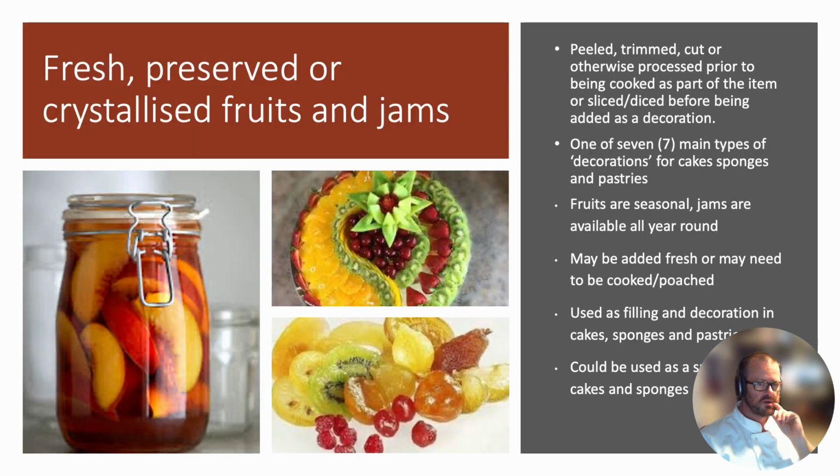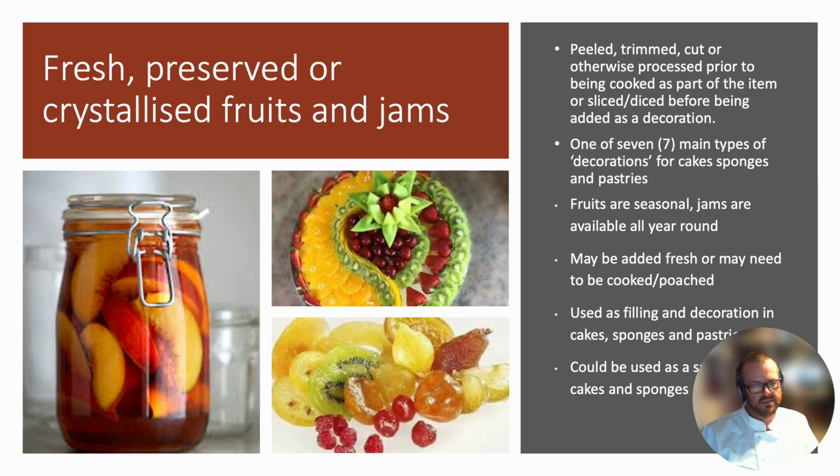Moving on to fruits, and we might be talking about question 8 here. Culinary characteristics and uses of fruit: they're seasonal, available in a range of forms, fresh, crystallized, or preserved. They can be processed, so they could be turned into coulis, jams, toppings, or purees.